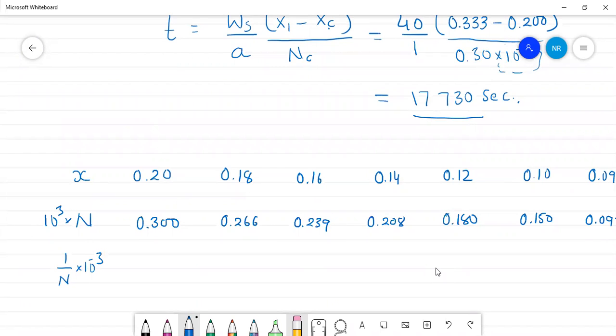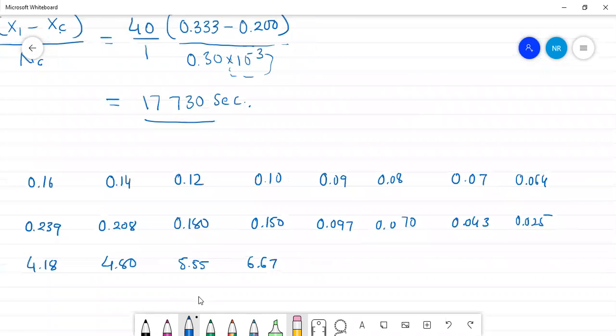So if I do 1 divided by n, then we get 3.33, 3.76, 4.18, 4.80, 5.55, 6.67, 10.3, 14.3, 23.3, and 40.0.